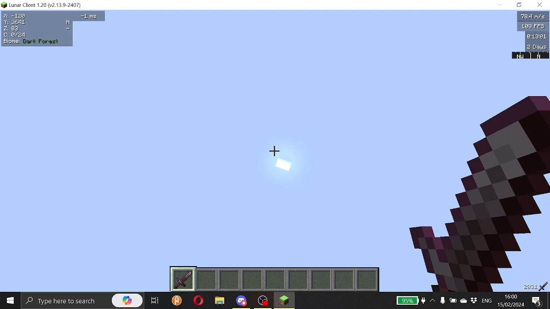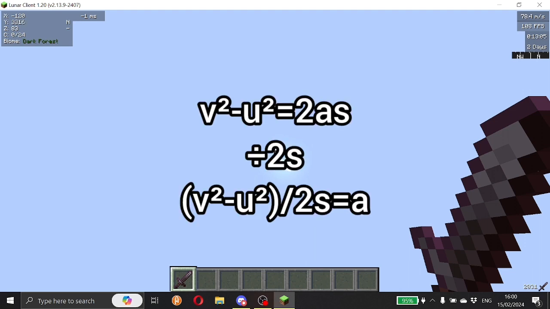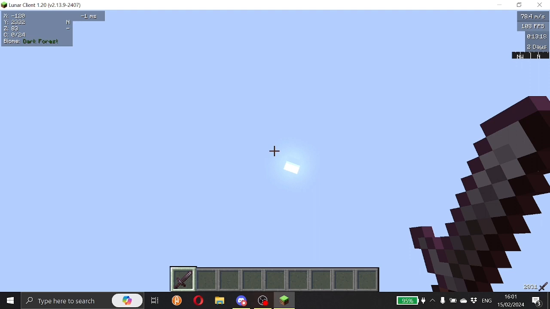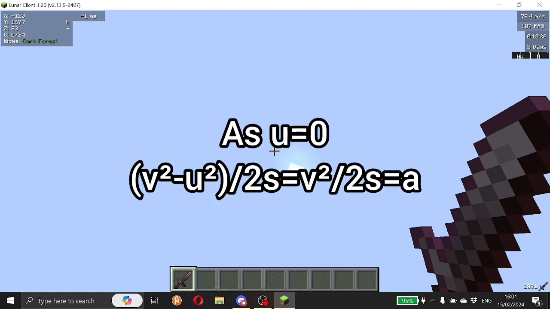Well, given that v squared minus u squared equals 2as, v squared minus u squared over 2s equals a, and because the initial velocity is 0, it's literally just v squared. We can ignore u squared because that's 0.